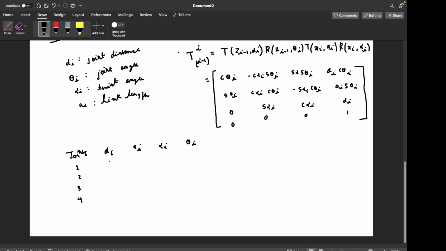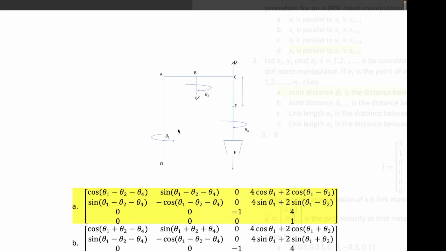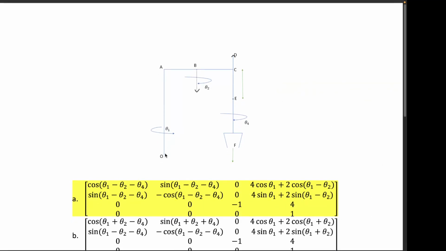So in this figure, since the directional rotation is like this, you can imagine that the zi will also be along OA, and the distance between O and this point will be d1.